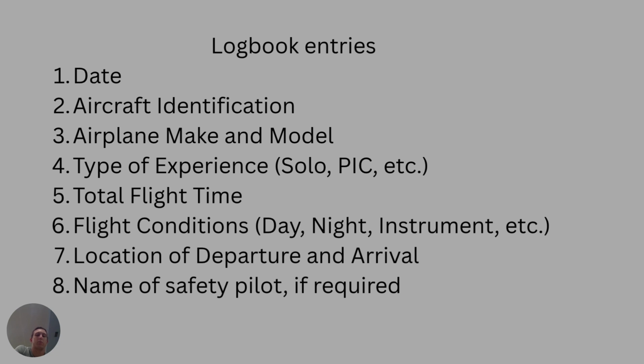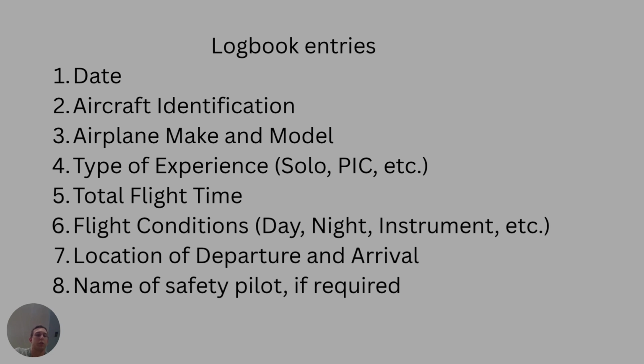Type of experience. This is where the instructor is going to list what kind of experience the student has met. Maybe not completed, but at least partially. So if you're doing solo cross countries, he's met a portion of that, so you'd put that down.